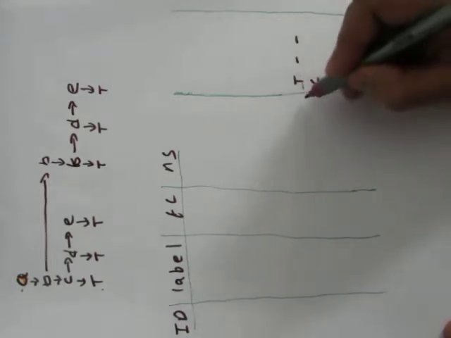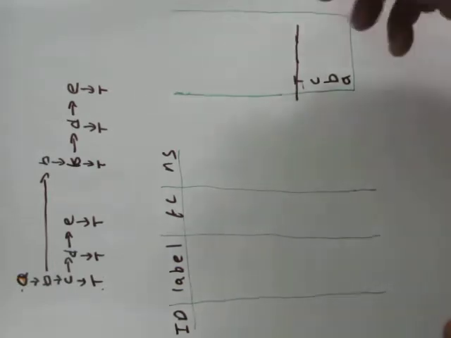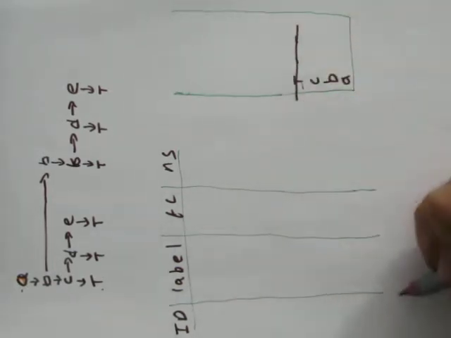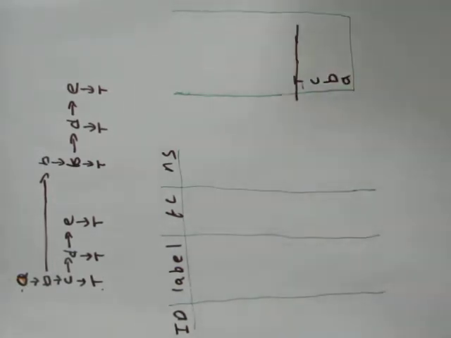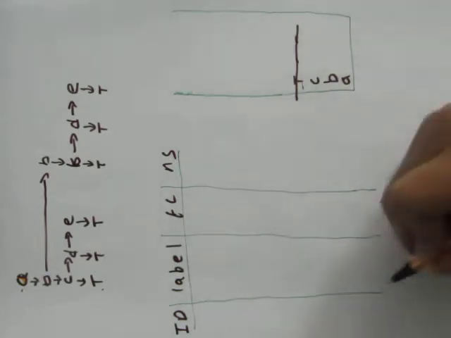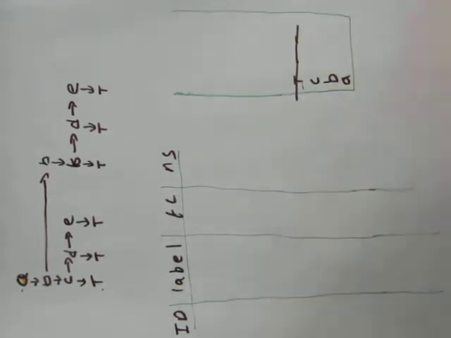Basically we remove this from the stack and put it here. We put this text here as T, with no first child and no next sibling, with ID A1.